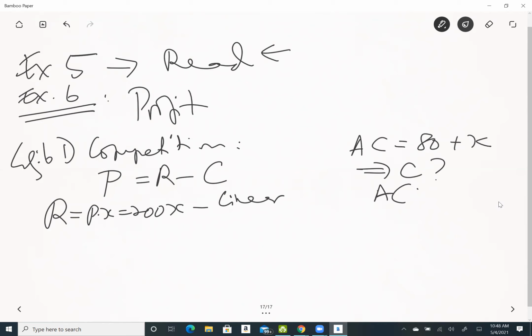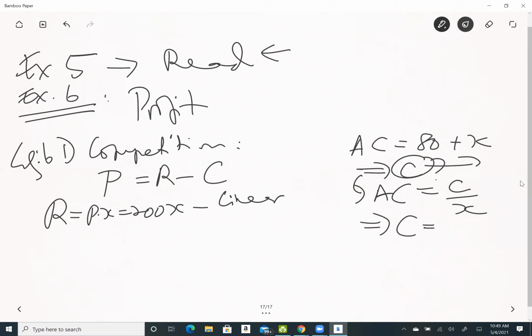Okay, average cost is equal to what? If you want to find average cost from cost, you are given the cost function, and then you find the average cost. How do you find the average cost? Divide by X. Okay, now if you are given the average cost, you want to find C, what do you do?